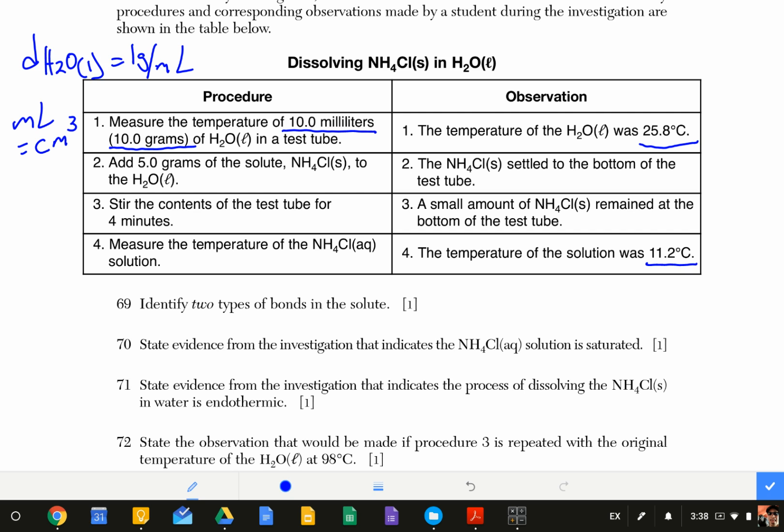Okay, so question 69. Identify 2 types of bonds in the solute. Okay, so recapping on the word solute. Solute is whatever substance you are trying to add to a solvent to create a mixture. So solute is what gets dissolved.